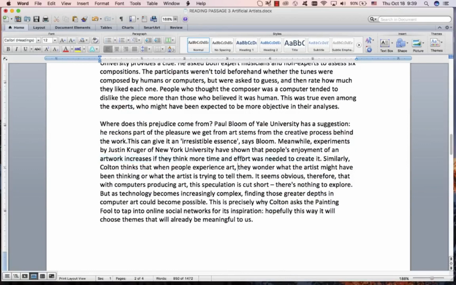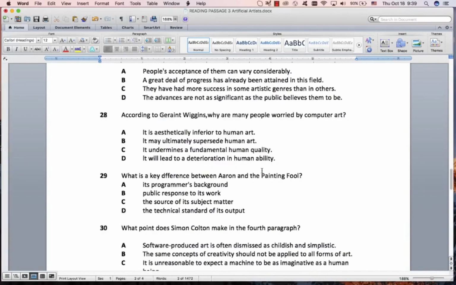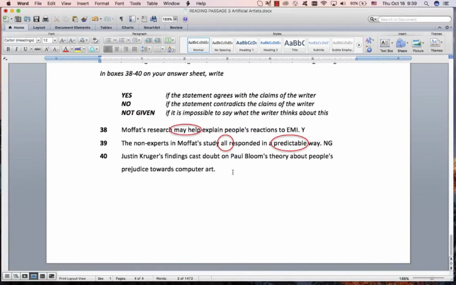So these two things agree with each other. And this is essentially what we're comparing. We like it because of the creative process. We like it because of the time and the effort. And those two things are the same. So, in fact, those two theories agree with each other. It doesn't cast doubt. It actually supports Paul Bloom's theory.